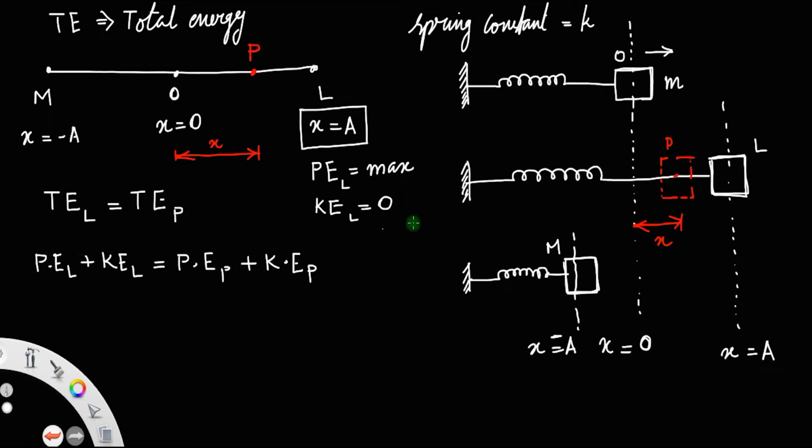So the expression for potential energy is equal to half k x square.